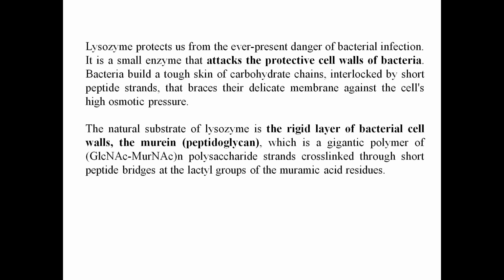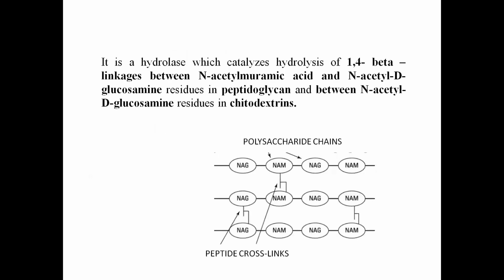It is antibacterial in nature, so it acts on it and cleaves it. These polysaccharide strands are cross-linked through short peptide bridges at the lactyl groups of the muramic acid residues. So here you can see that these are the strands containing alternate residues of NAG and NAM like this. And these are linked by peptide cross links.